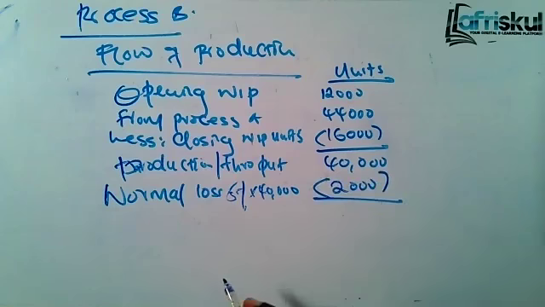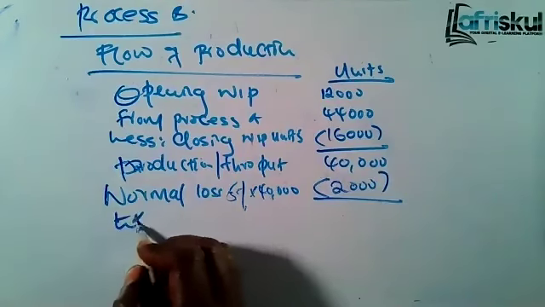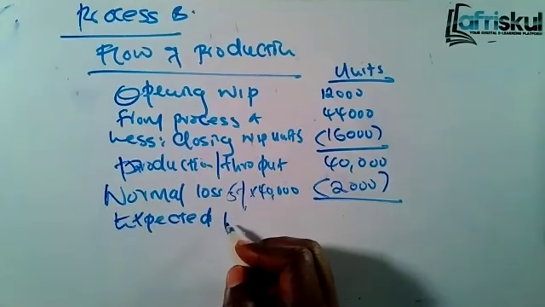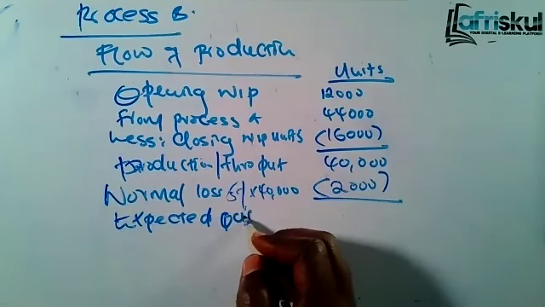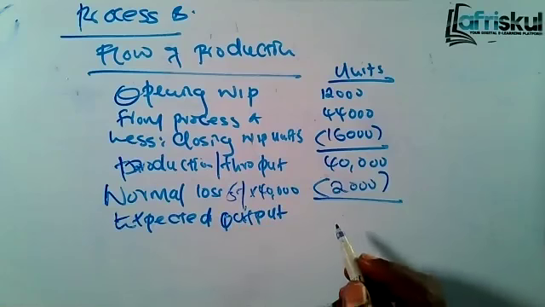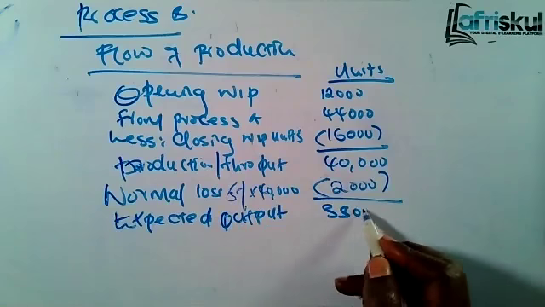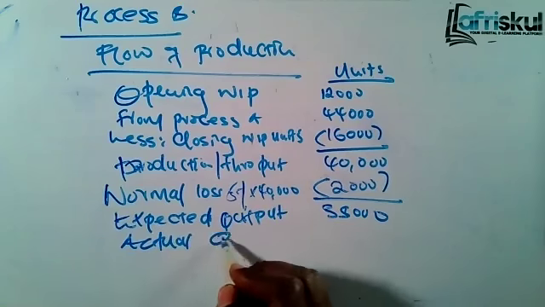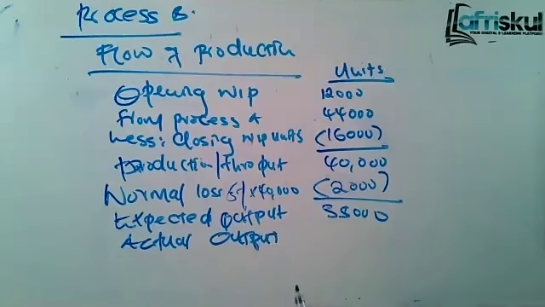You deduct that one, you get the expected output of production, which is 38,000. Actual output is provided.